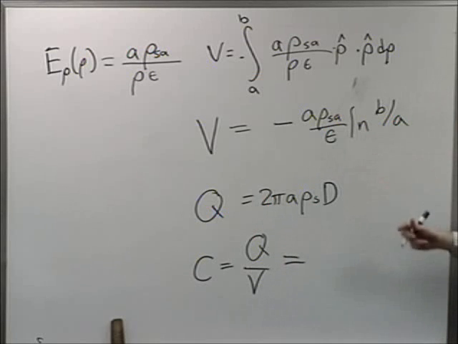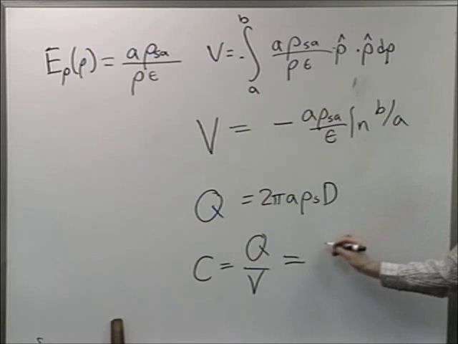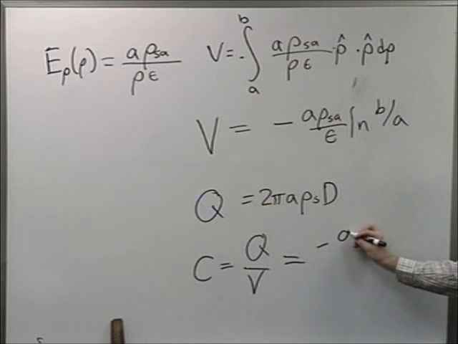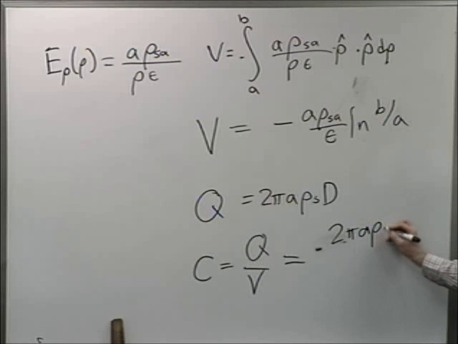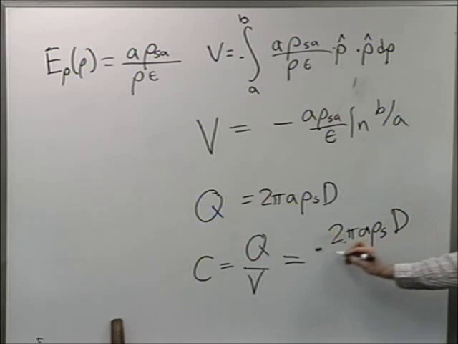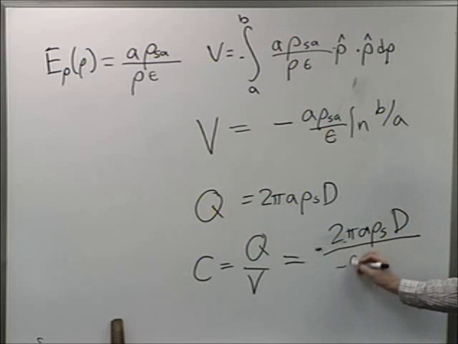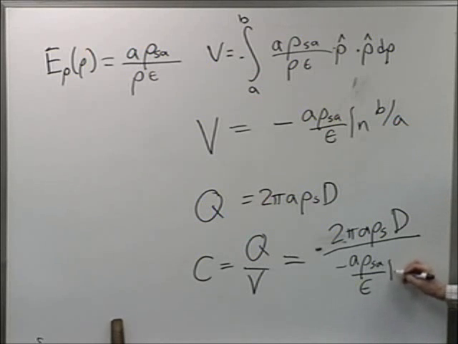Dividing through, we see that this is going to be, let's see, minus 2 pi A rho sub S times D over minus A rho sub SA over epsilon times log B over A. A's cancel. Rho sub SA's cancel.